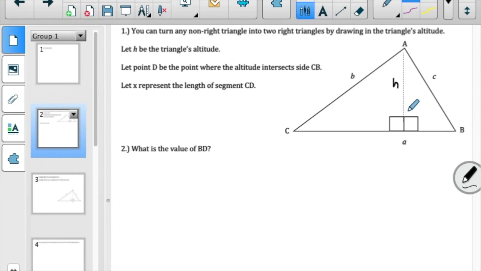Point D is where the altitude is going to intersect side CB, so this is going to be point D. X is going to represent the length of CD, so X extends from here over to D.